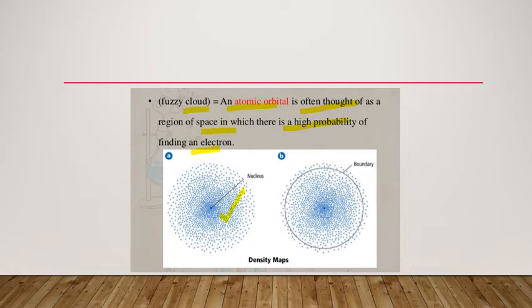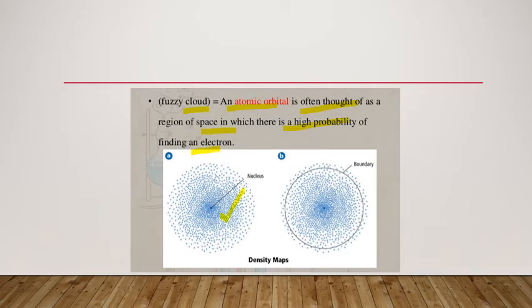The same way, we can draw a boundary of the high probability range, because we can see the more dense part in the picture. We can make the boundary of that particular region, and then we can easily say that this region is where the maximum probability of finding an electron lies.